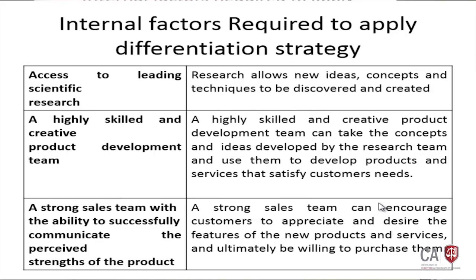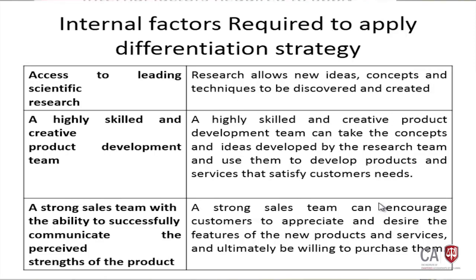One is access to leading scientific research. Why? To make your product unique, you need to find new things. New things can be found through scientific research. So that is one of the things you should have.